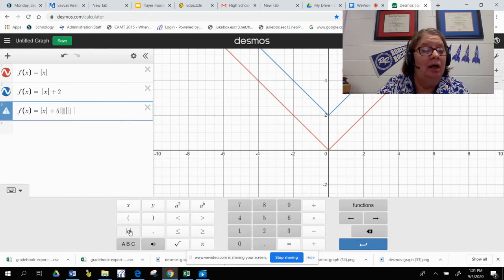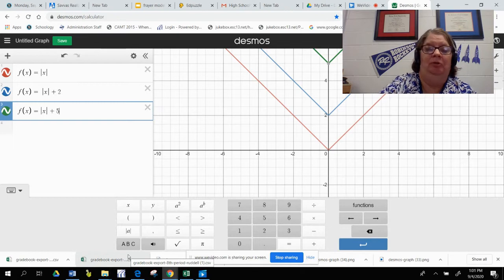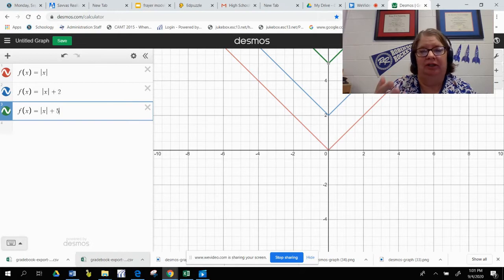Oh, it went away. I actually added some more numbers. I didn't mean to. There it is. So what happens to the graph when you add a number outside the absolute value bars? If you said it moves up, you are correct. That's called a vertical translation. It shifts the graph up.